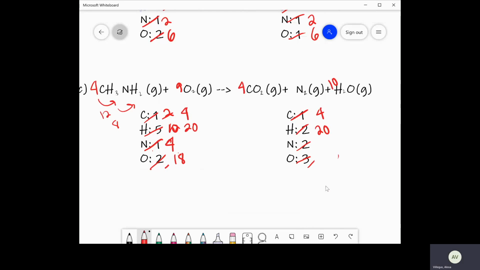So let's say I had like 4 hamburger patties and 5 buns. The patties are going to be our limiting reactant.